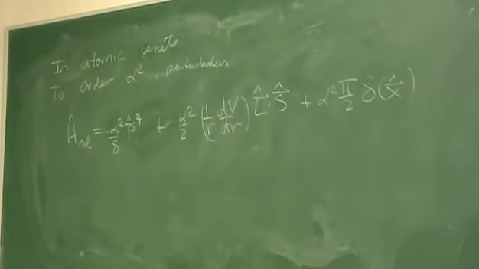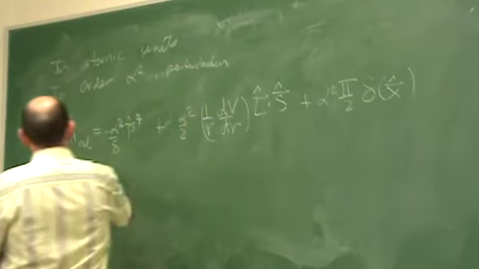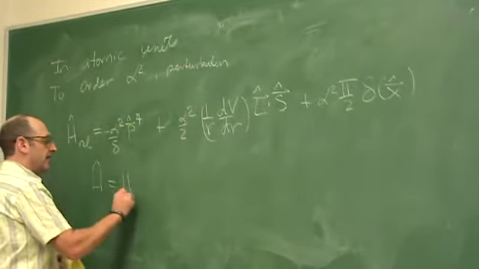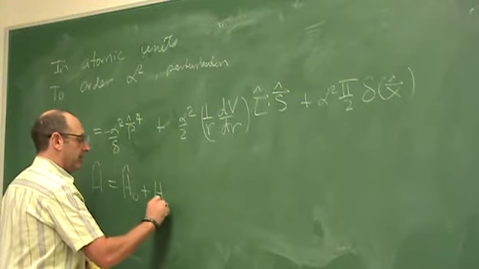So that's our relativistic corrections. So the total Hamiltonian is H naught plus the relativistic corrections.